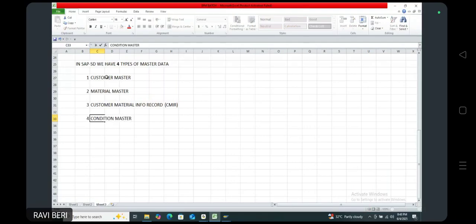Take this. In SAP SD, we have 4 types of master data.